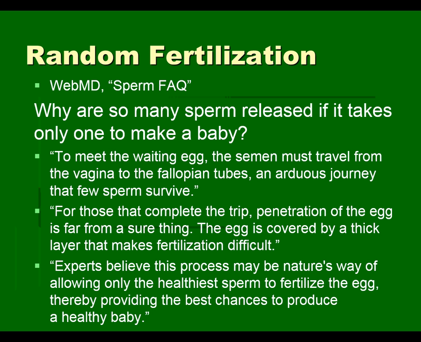The egg is covered with a thick layer, which makes fertilization difficult. Many experts, especially on the evolutionary side, believe the process may be nature's way of allowing only the healthiest sperm to fertilize the egg, thereby providing the best chance to produce a healthy baby.